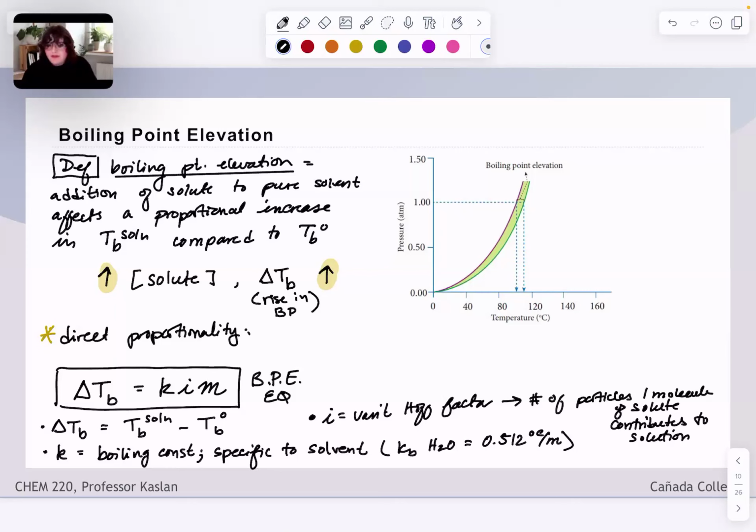So if I've got sodium chloride that I'm dissolving, for example, I don't just have molecules of NaCl, rather I've got two ions, Na+ and Cl-. So I have to indicate that this effect has a doubling that's included because I've now doubled the amount of particles that are actually present to block the solvent.